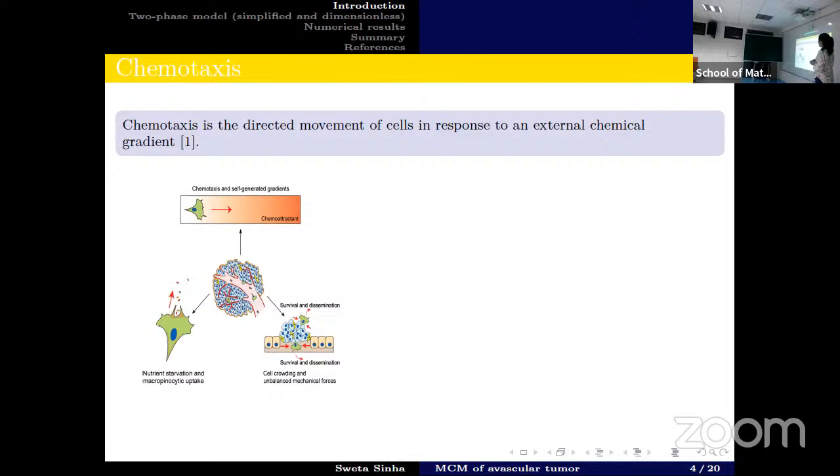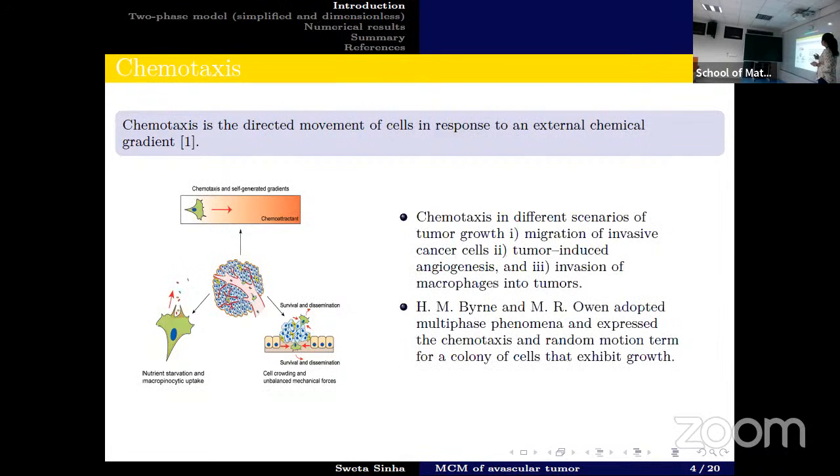Some are migrating in an undirected way, and some are in the direction of the nutrients. That shows the chemotaxis phenomenon. The chemotaxis phenomenon is not new. It has already been studied in different scenarios of tumor growth, like migration of invasive cancer cells, tumor-induced embryogenesis, and invasion of macrophages into tumor.